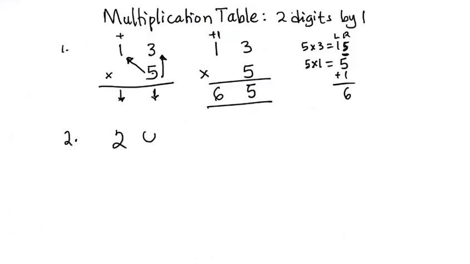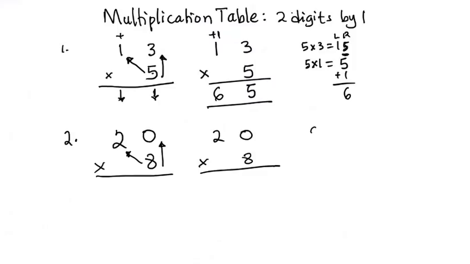So we have 20, we'll multiply 8. So these two will multiply each other. So 8 will multiply 0, 8 will also multiply 2. So we have 20 multiplying 8.